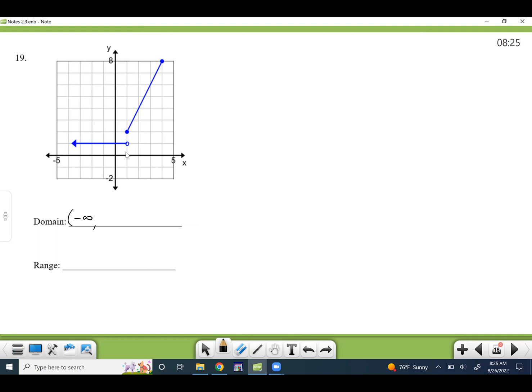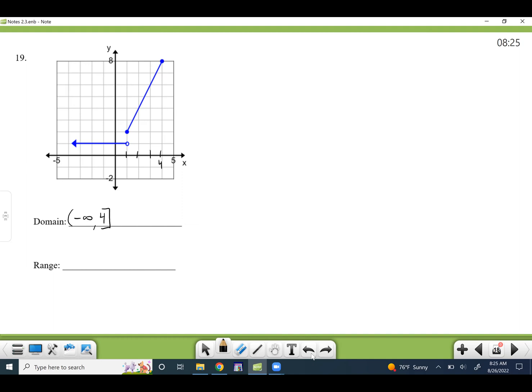And so this is going to go to 1, 2, it looks like 3, 4. It looks like it goes all the way to 4 and it doesn't continue. If I wanted it to continue, I would have drawn an arrow on it. So it's going to stop at 4. So we're going to put 4. And since it's a closed circle, we are going to put square brackets, okay? So it's not going to be a negative infinity to infinity. I mean, it could easily have been by one little change, right? And it would have been.